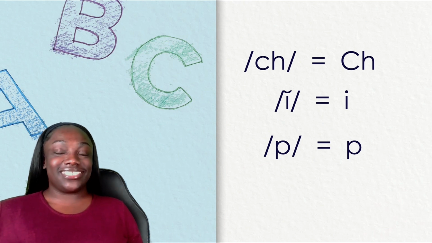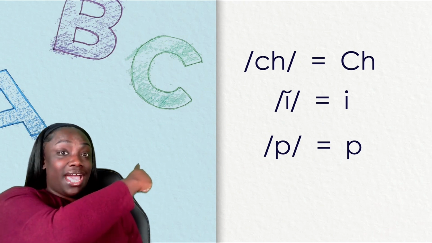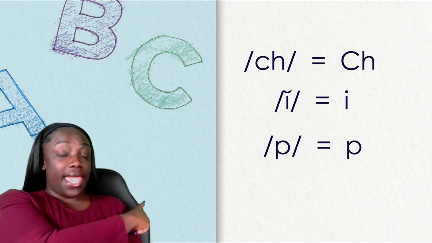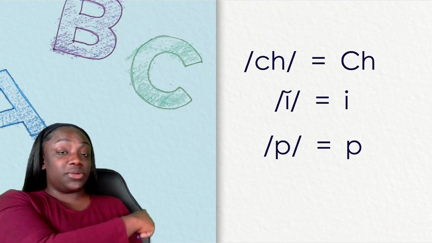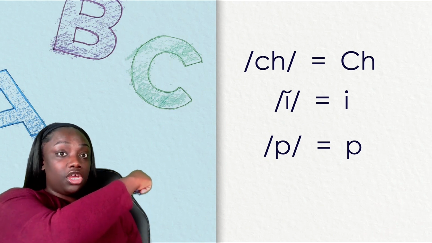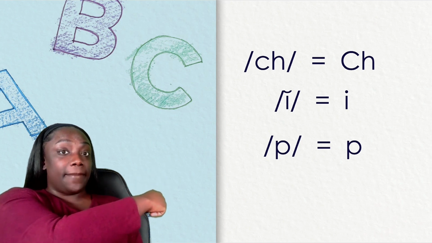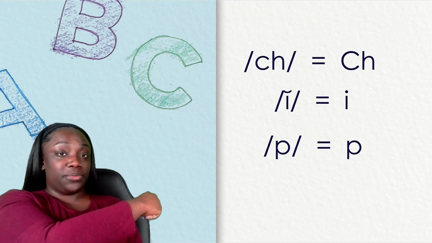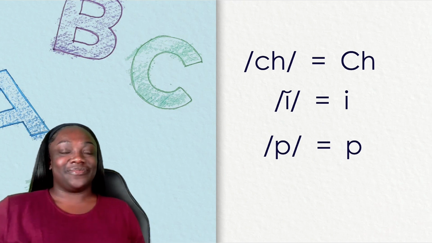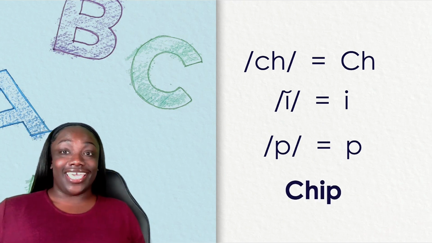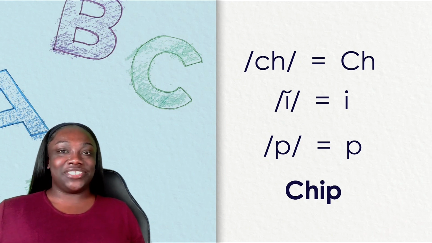It's the P sound, and we spell the P sound with the letter P. Skywrite P with me. Start at the middle line, go down past the bottom, take your pencil and go back up, curve to your right, and go down and meet your line in the middle. There, we've written all the letters to match the sounds in chip.